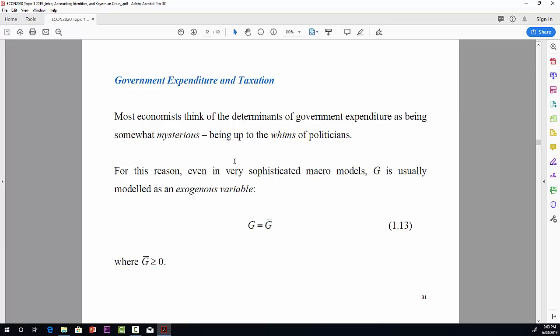So for this reason, G is usually modeled just as an exogenous variable. G is equal to G bar. I'll say this is true even in sophisticated macro models. If you ever look at a frontier macro theory in the top macroeconomics journals, typically they'll think of government expenditure as being exogenous.